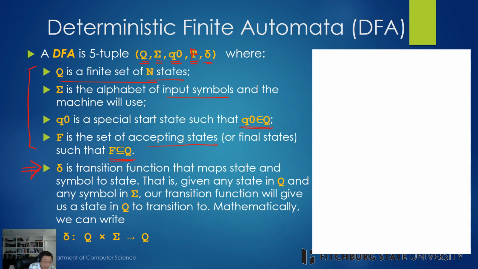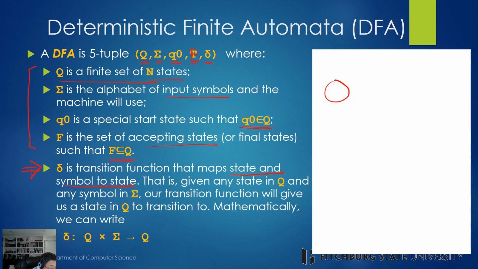Now here's the definition for delta, the transition function. For deterministic finite automata, delta is a transition function that maps a state and a symbol to a state.